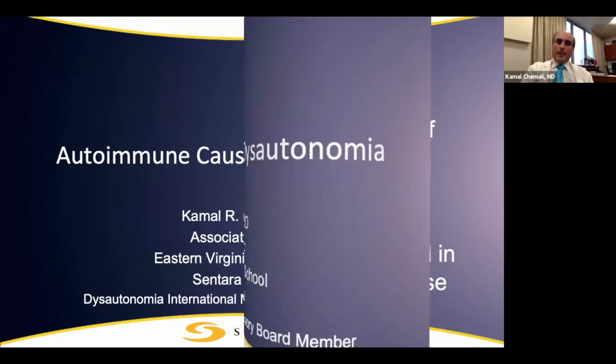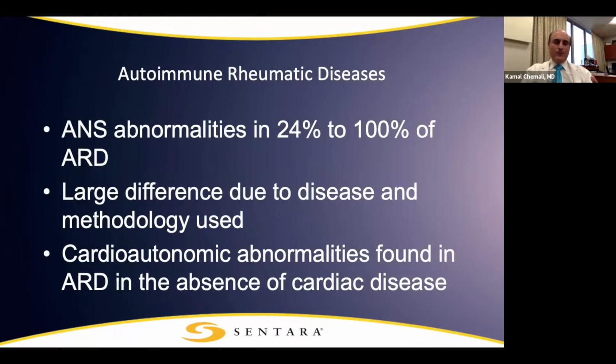And we can divide those autoimmune disorders classically into two broad categories. One is the autoimmune rheumatic diseases. And typically these are connective tissue diseases that are in the rheumatological world more than they are in the neurological world. So nowadays, these two fields are kind of overlapping here in what comes to small fiber neuropathy or dysautonomias.